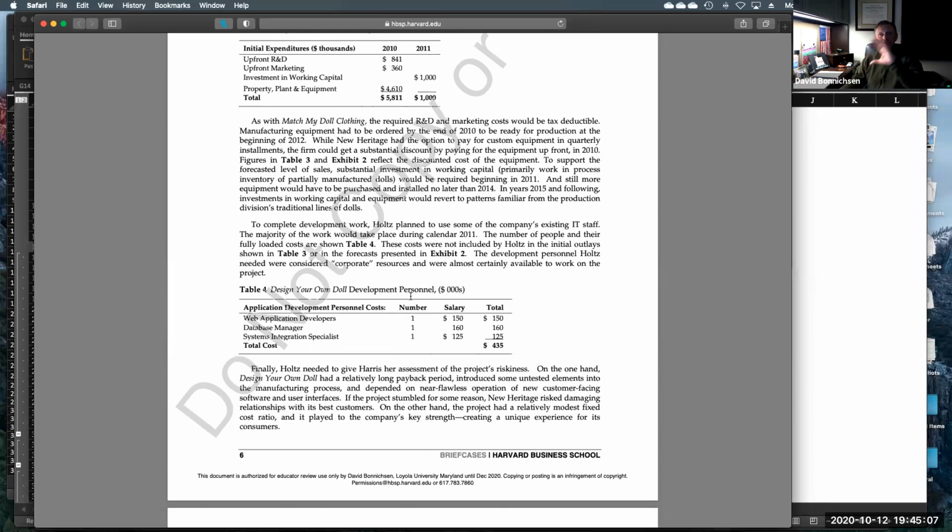So there are some differences between the two projects, and in your written analysis, one of your objectives is to communicate what the differences are between these two projects that Mrs. Harris is looking to evaluate. Which one seems to have more risk than the other project? Because that's going to help you assign what discount rate you need to use for one of the two projects.